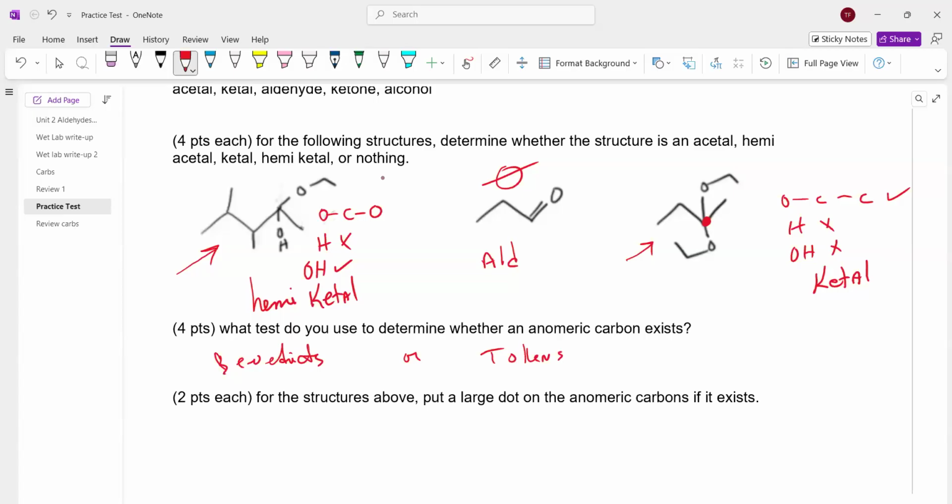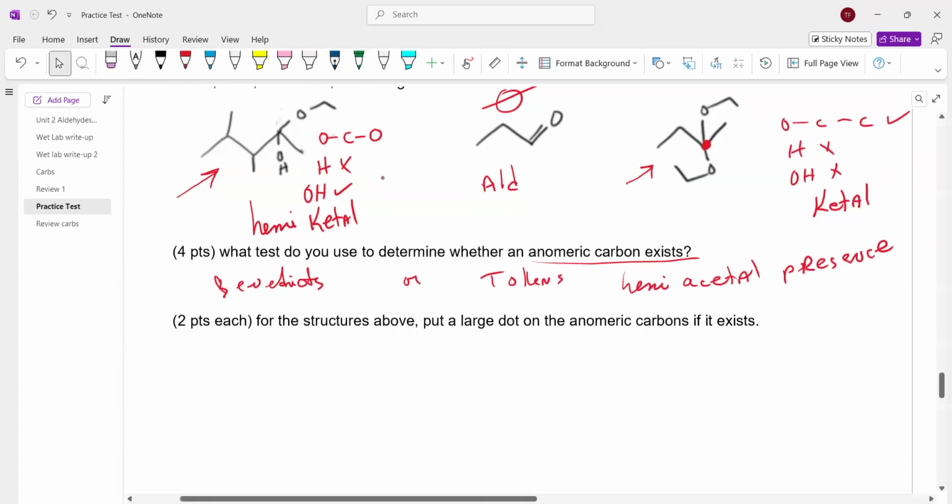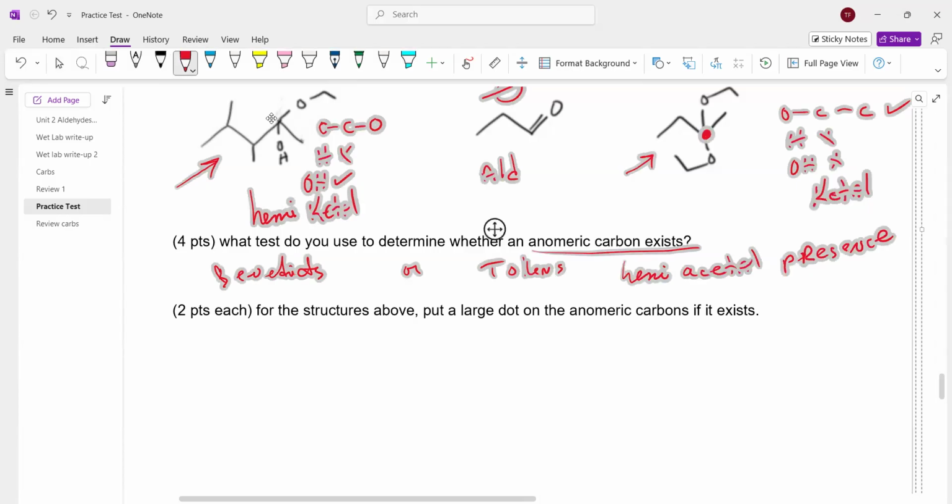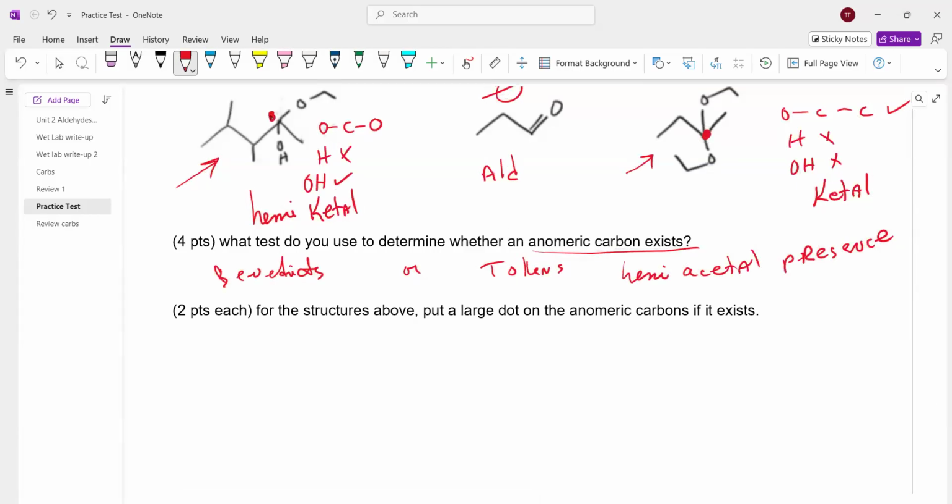So we're looking for a... so this is kind of a poorly worded question. Okay, and then up here, put a large dot on the anomeric carbons.